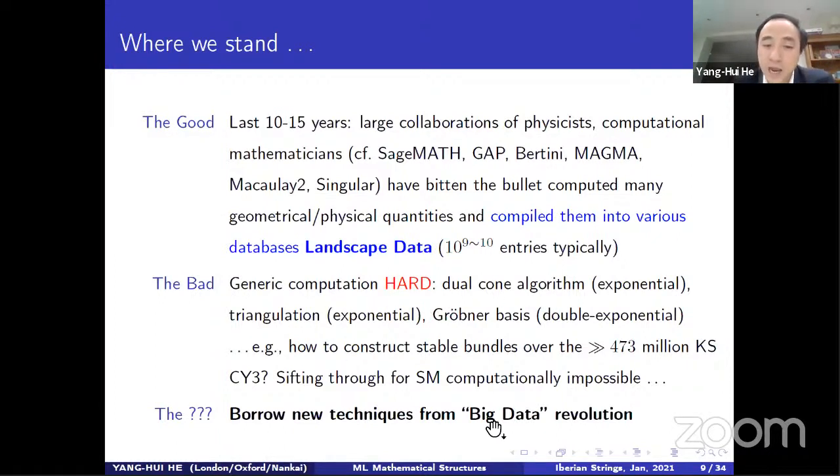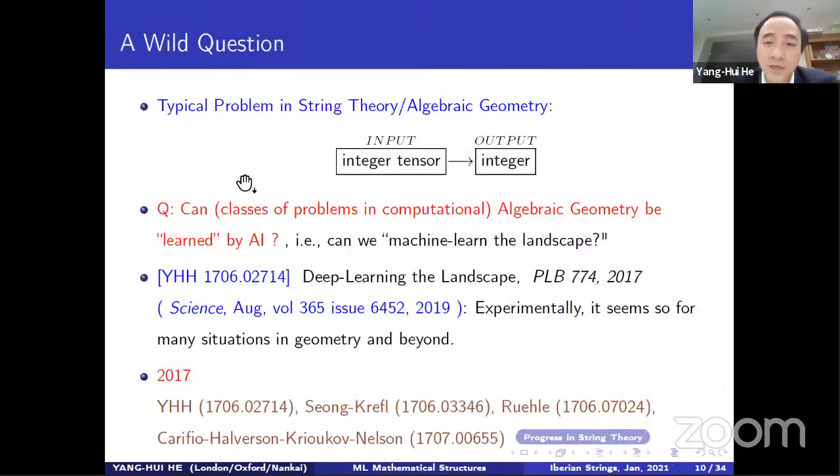So a natural question is, can we borrow techniques from the big data revolution that has just started in the last, I guess, 5 years or so? Here's a wild question, which got me thinking. A typical problem in string theory and in algebraic geometry for that matter is that you have some kind of integer tensor and you want to spit out some kind of integer output.